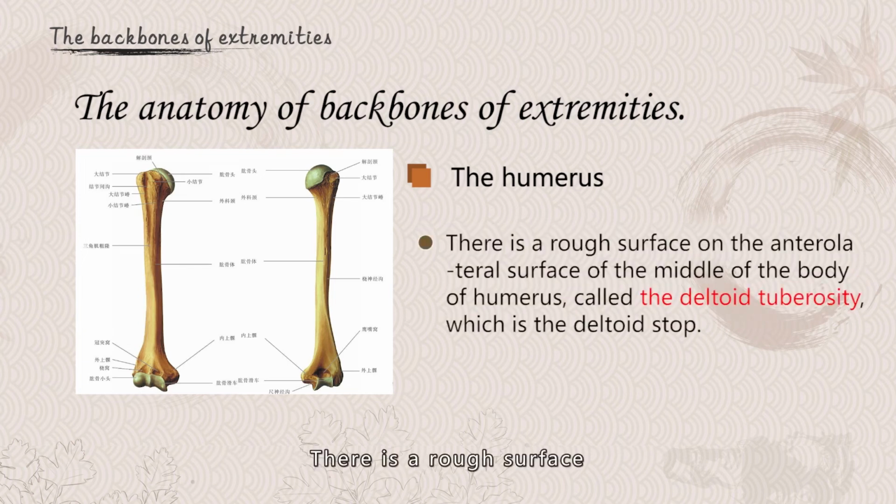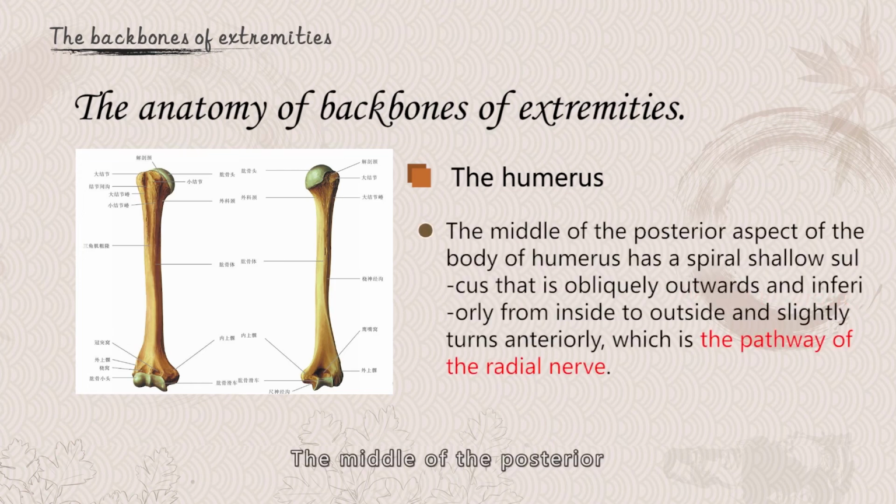There is a rough surface on the anterior lateral surface of the medial of the body of humerus, called the deltoid tuberosity, which is the deltoid stop. The medial of the posterior aspect of the body of humerus has a spiral shallow sulcus that is obliquely outwards and inferiorly from inside to outside and slightly turns anteriorly, which is the pathway of the radial nerve.